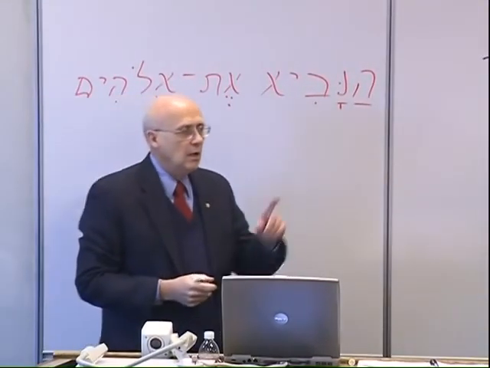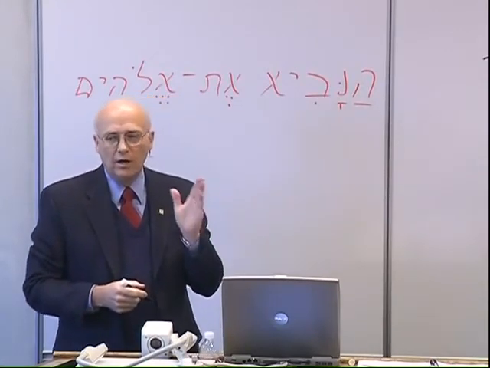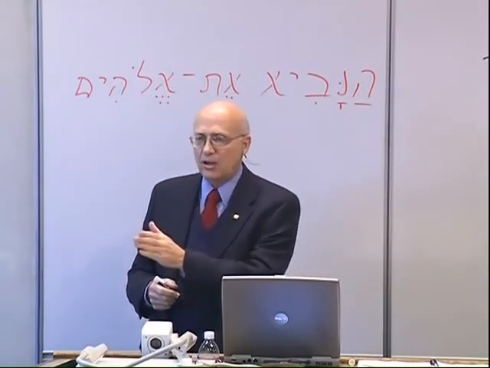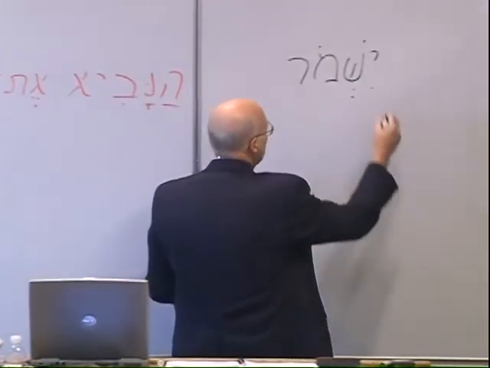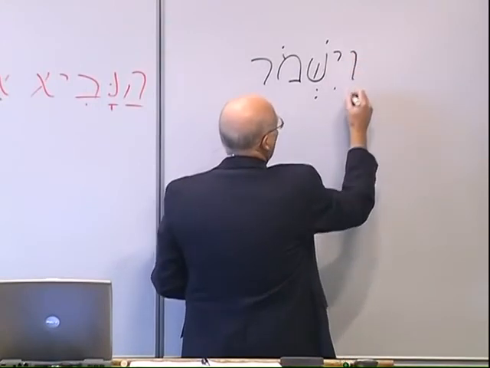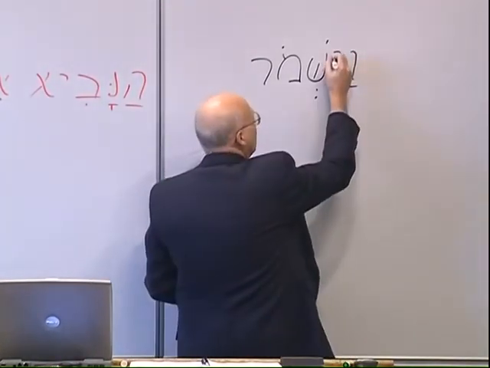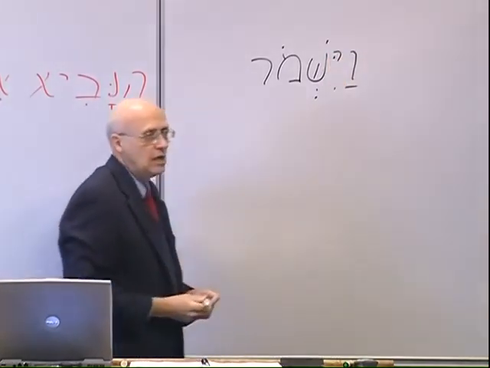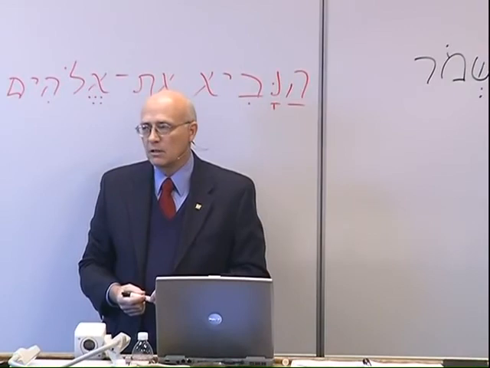Yishmor. If it is in a narrative context where we have a sequence of actions, then the Hebrew uses a special narrative form of the waw conjunction that has a patach under it and puts a doubling dagesh in the prefix letter of the imperfect.